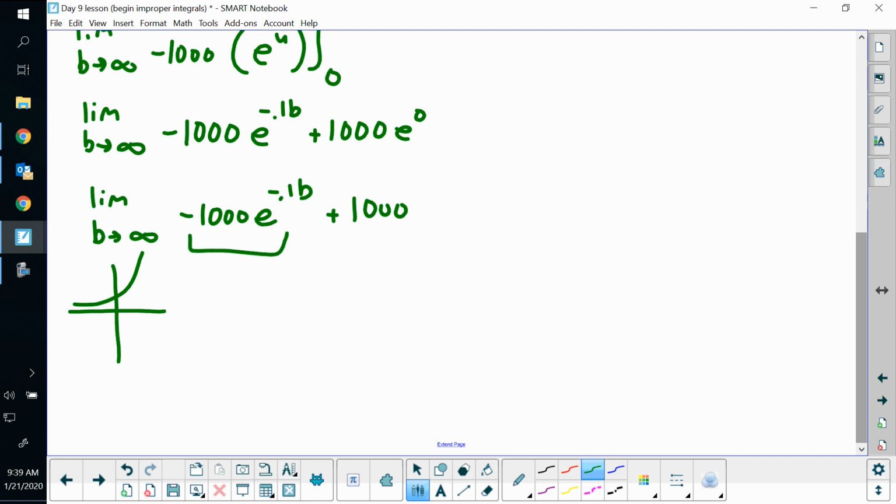So this whole part is going to go to 0. So therefore, our integral is approaching 1,000. And our units, we had feet per second, so this would be 1,000 feet. So if we took our foot off the gas and let it coast, we would approach 1,000 feet for the distance that we would travel.